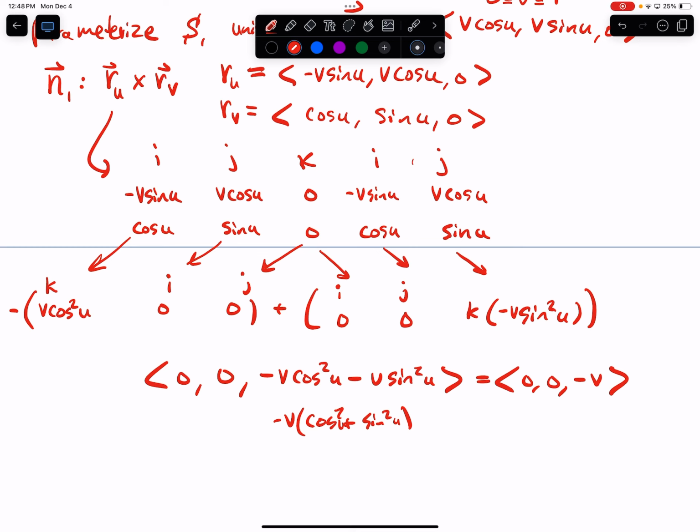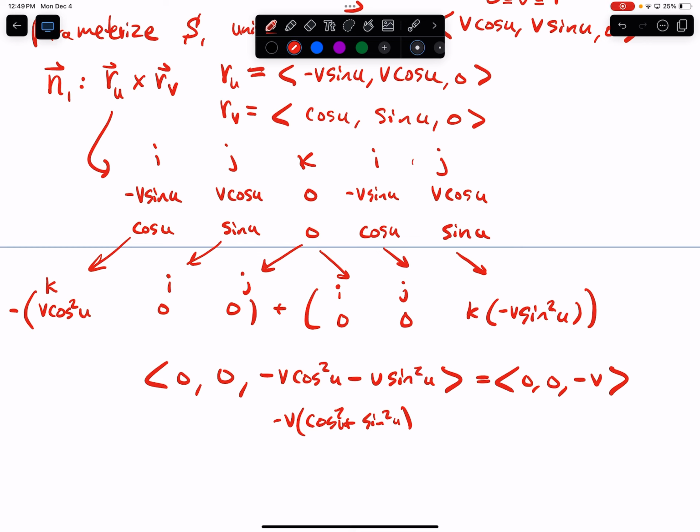Trying to figure out why I chose the positive one. We want a positive z component. Why do I want a positive z component? The normal vectors point upwards. Well, I thought we wanted a normal vector pointing outwards, because if we know that the normal vector is going to point downwards, then if we want one that points upwards, we have to take the negative of the normal vector.